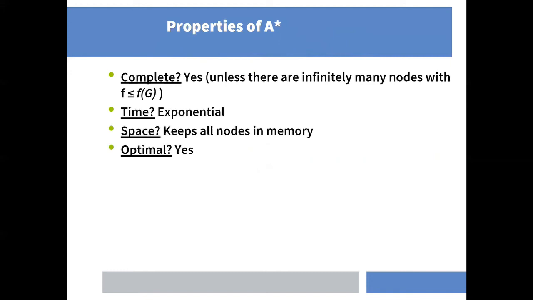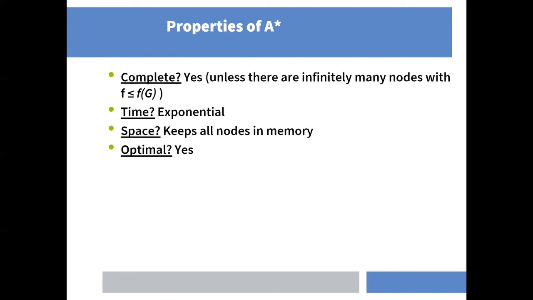Here are the properties of the A-star search. We can say that A-star search is complete unless there are infinitely many nodes with f less than or equal to f of g. The time is exponential, and the space keeps all nodes in memory.